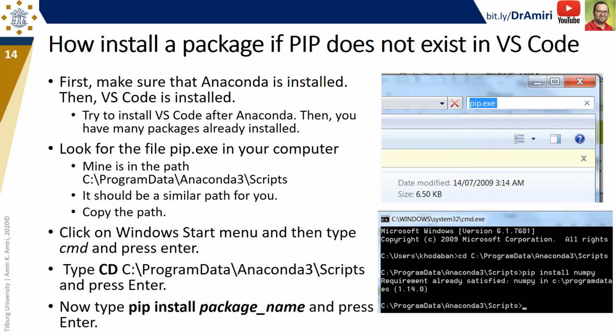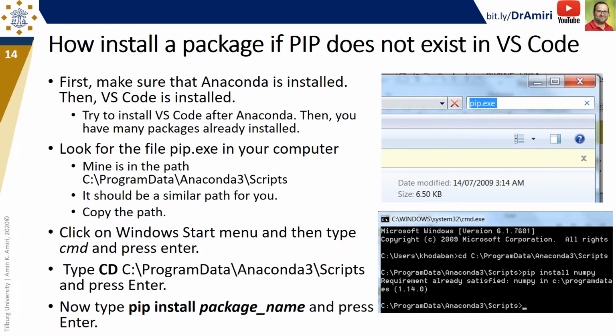But if that doesn't work for you, look for pip.exe on your computer. Mine is in the path C program data Anaconda 3 scripts. It should be something similar for you. So just copy the path and put it in the command prompt. You can just click on the Windows Start menu and then type CMD and press enter.